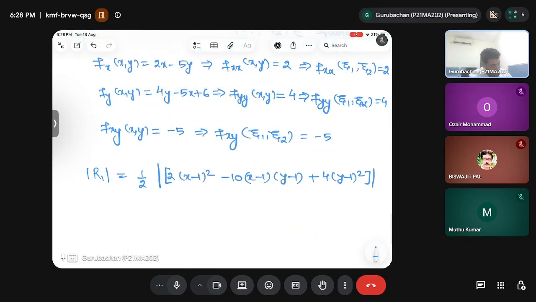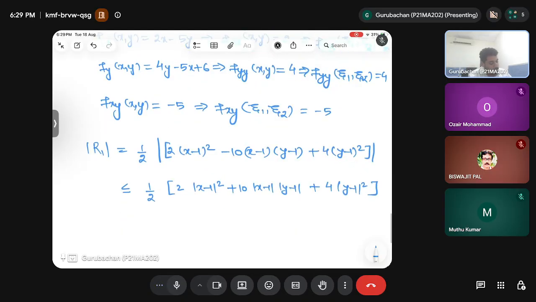So from here you may write this as less than or equal to 1 by 2, 2 times (x minus 1) whole square plus 10 times mod (x minus 1) mod (y minus 1) plus 4 times (y minus 1) whole square.